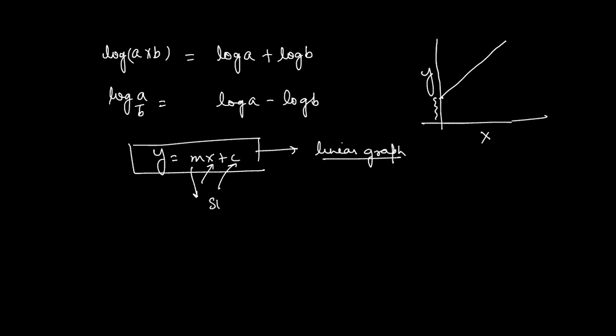And m is the slope of the line, and slope is represented by tan theta. If the value of m is positive, then the graph will go like this.